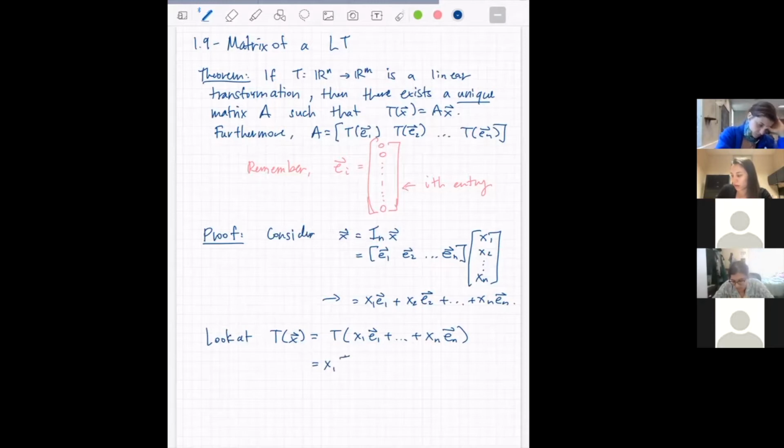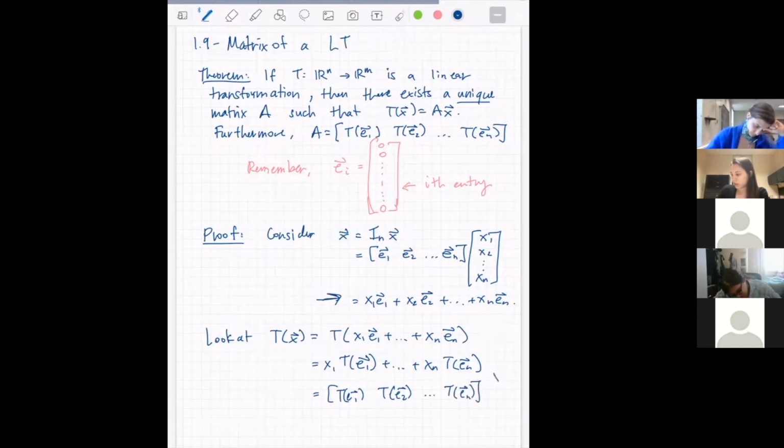So doing all of that at once, we get x1 times T of e1 up to xn times T of en. And then we put this back into matrix notation, like what we did in our first step, but going backwards. We rewrite it as the matrix with columns T of e1, T of e2, up to T of en, times the vector x1, x2 up to xn.